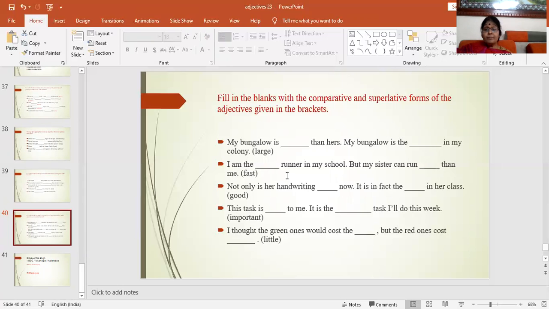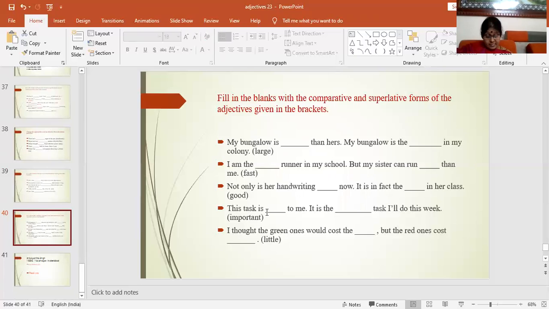I am the fastest runner in my school, but my sister can run faster than me. Not only is her handwriting better now, it is in fact the best in her class, right? This is the irregular word. So we have used better and best.